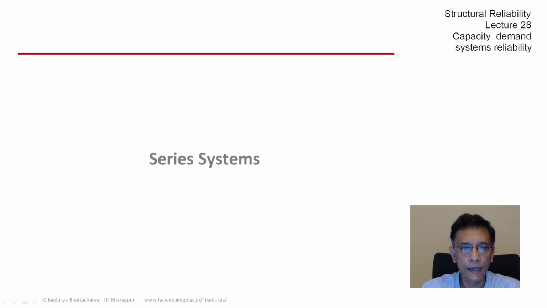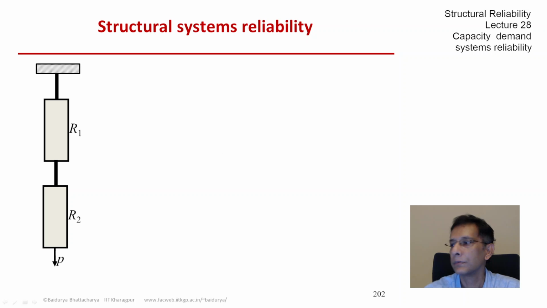Let's look at the simplest possible configuration of a series system, a two-unit system. Here we have a mechanical system, two bars or two springs with strength R1 and R2 respectively, loaded by an axial load P. So clearly each of them is loaded by the same load P.